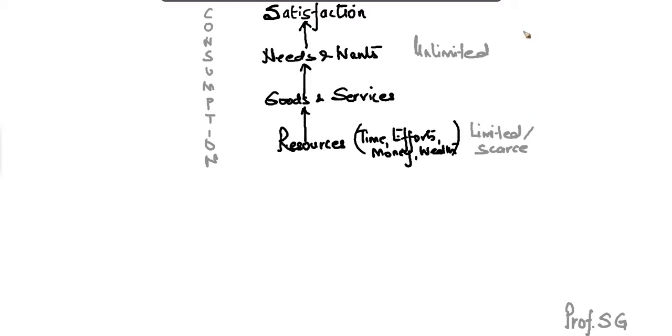Now, because of these unlimited needs and limited resources, there could arise a lot of decision making problems. Like there could be a problem of prioritization of wants. Another could be a problem of choice, that you may have to choose what to buy and what to postpone. So there might be postponement of needs and wants as well.